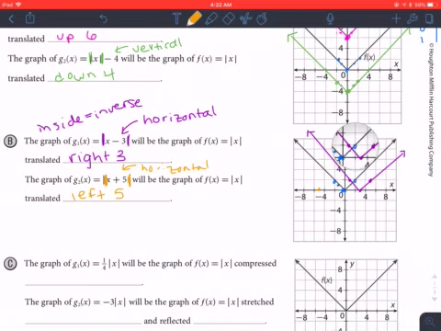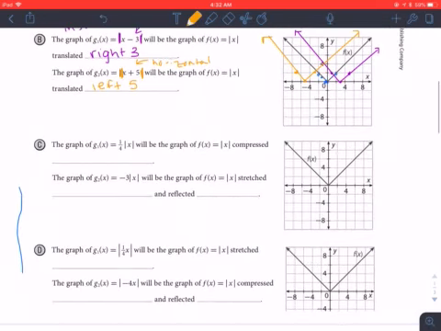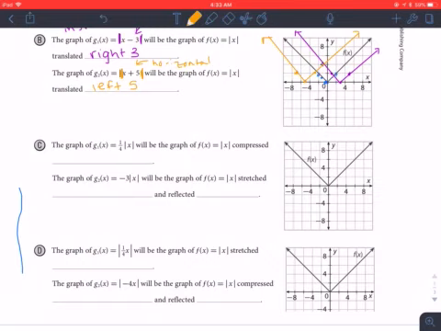This point at 2, 2 is going to shift to the left 5. So we'll be at negative 3, 2. And the point at negative 2, 2, shift that left 5. We'll be at negative 5, 2. Sorry, negative 7, 2. And these are also things that you can check on Desmos as well. All right.